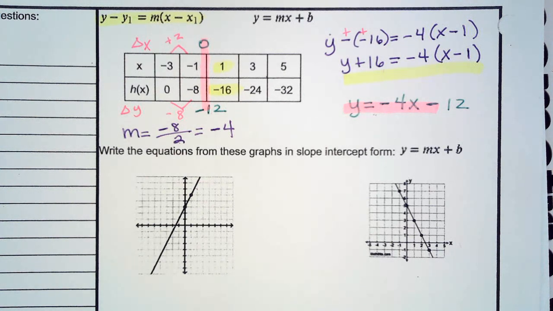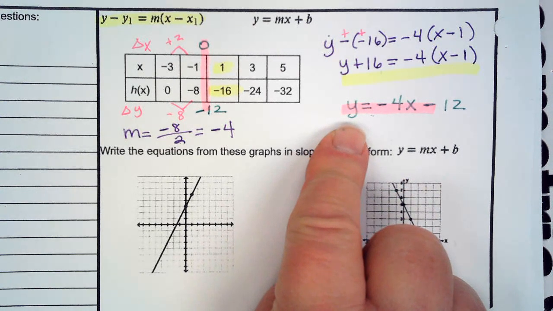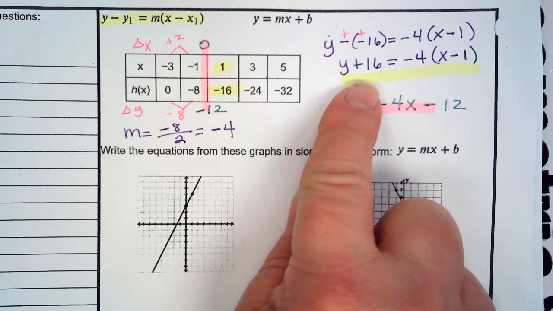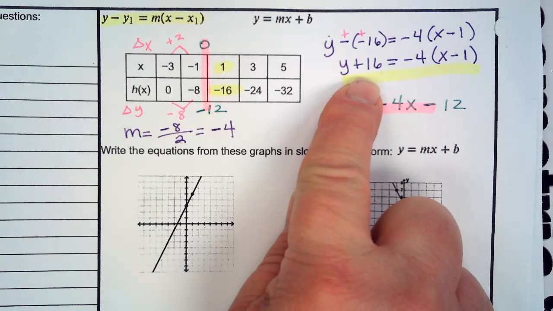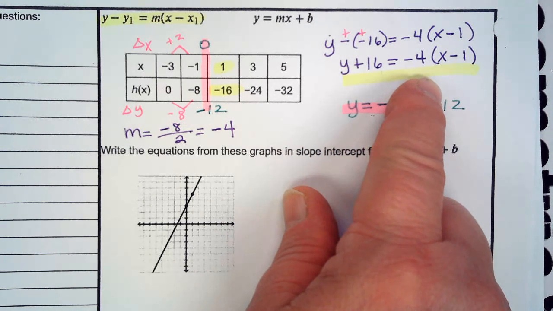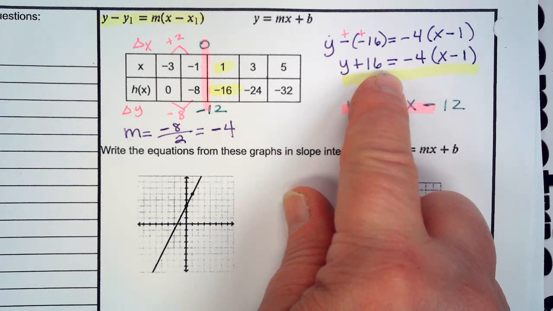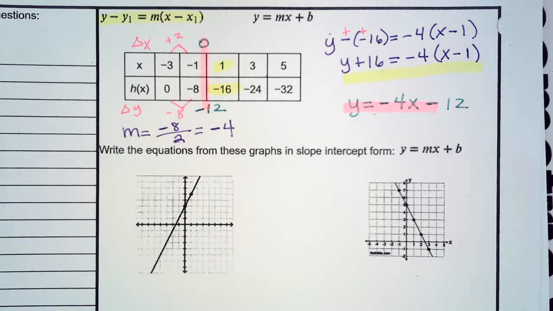For the slope intercept form, you've got to know where x is equal to 0, or you could actually take your point slope form and solve it for y, which means you would distribute the -4, so it'd be -4x plus 4, and then you'd subtract the 16 from both sides, and you would get the same equation.